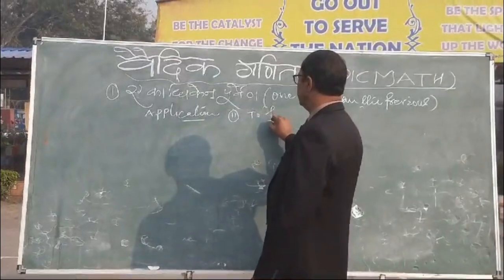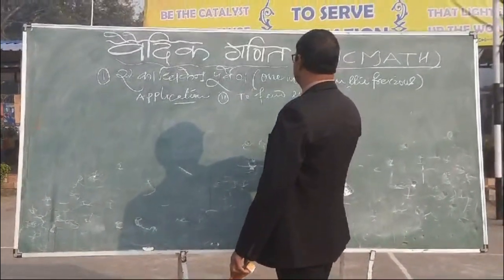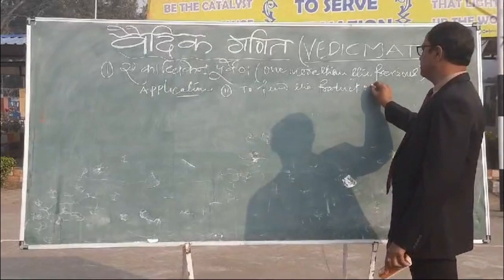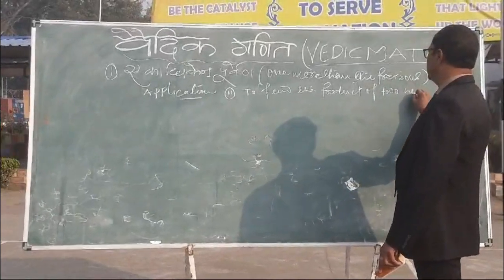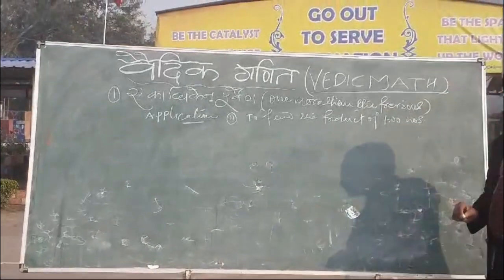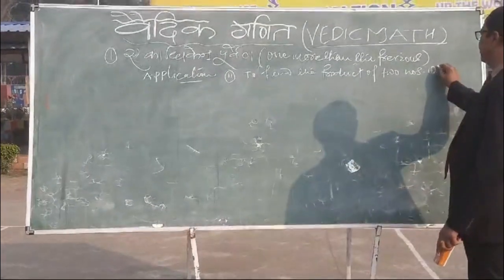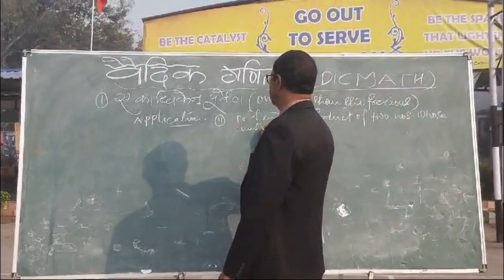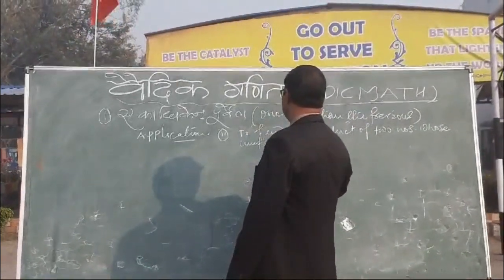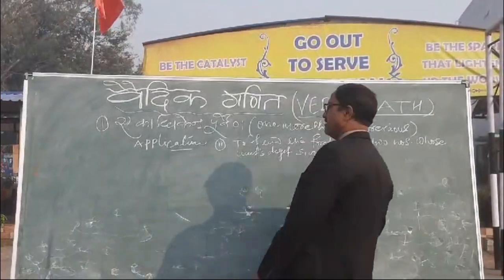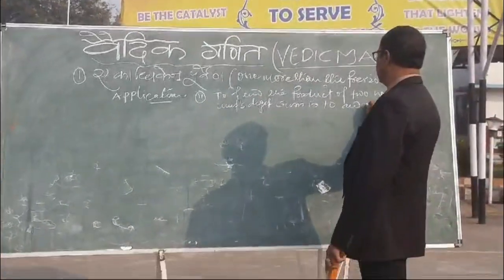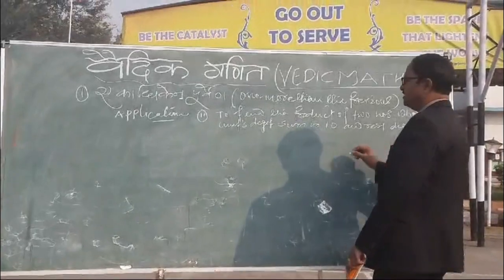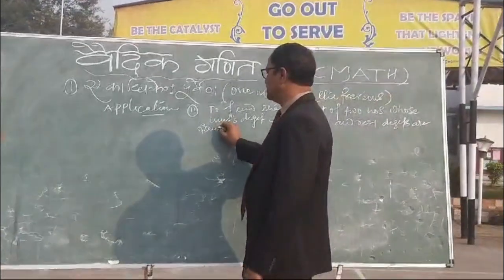To find the product of two numbers whose sum of unit digits is 10 and the rest of the digits are the same.